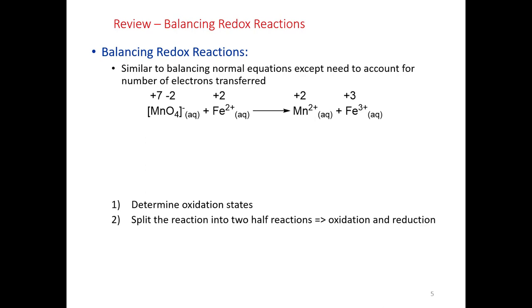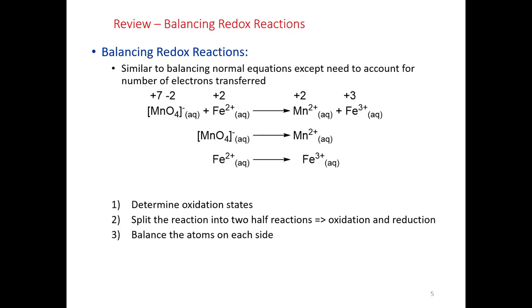Next, we split the overall reaction into two half reactions, the oxidation reaction and the reduction reaction. We can see from the oxidation states that the iron is being oxidized and the manganese is being reduced, so these would be the two half reactions.